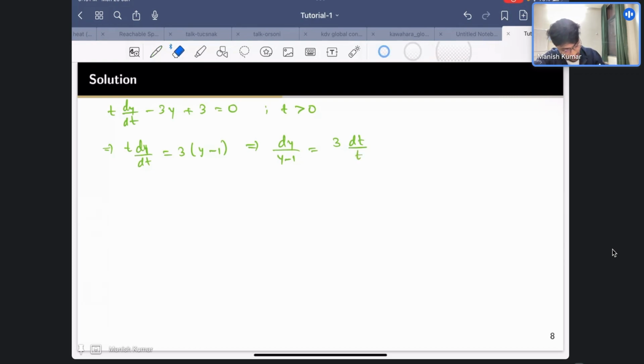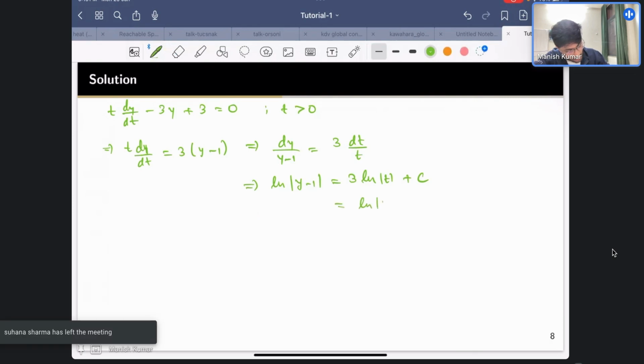Now if we integrate, what we get is ln mod y minus 1 is equal to 3 ln mod t plus some constant c. Since t is positive, I can write this as ln t cube plus c. So ln mod y minus 1 upon t cube is equal to c.